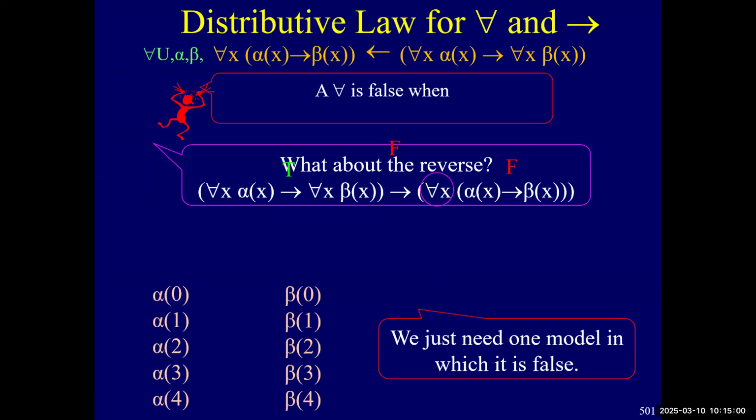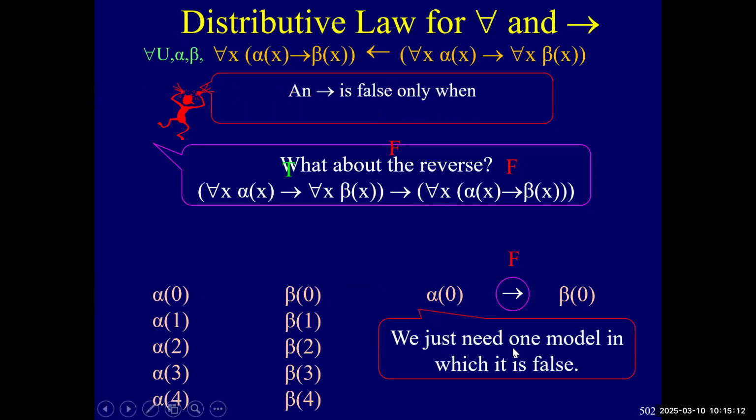Well, it says for all x. So to get for all x false, I just have to have one x in which it's not true. So we have to make this false. And how do we make this false? Well, we make the left-hand side true and the right-hand side false. Everybody see how we're just sort of working through it? And so that gives us these here. We're building our example.